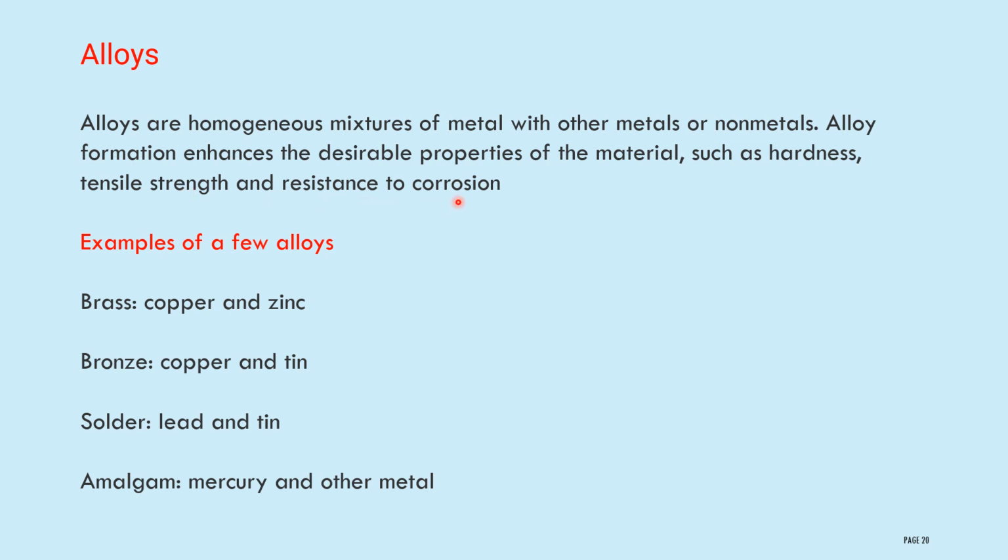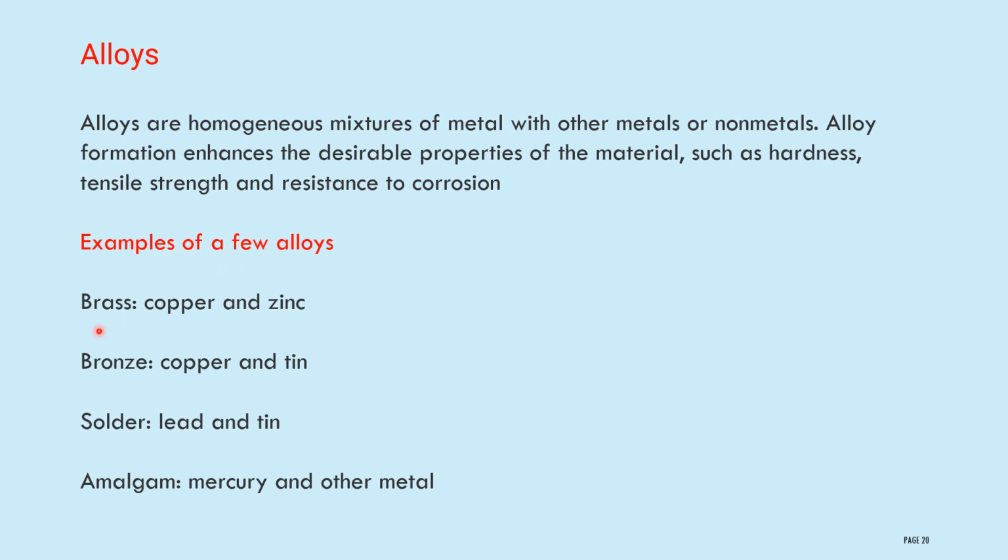Normally metals are very hard, they have high tensile strength, resistance to corrosion, everything is there. But when you mix two metals or metals and non-metals, that one we call an alloy. The physical properties will get enhanced, meaning they will increase.